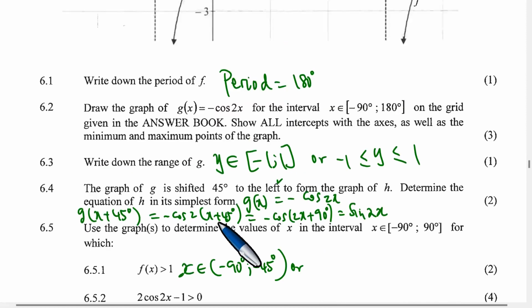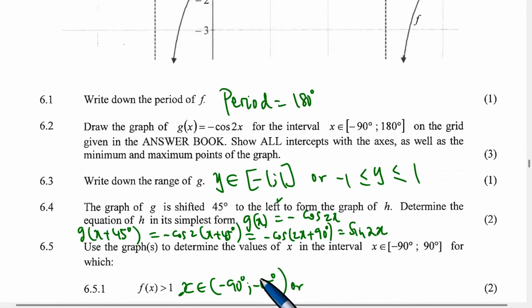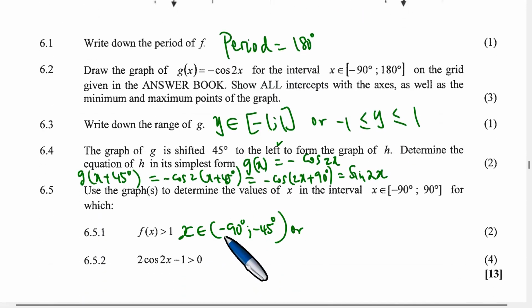But at minus 90, it is equal to 1 exactly. So we are not looking at that part because we are looking at where it is actually bigger than 1. So we must consider minus 90 degrees less than x less than minus 45 degrees.